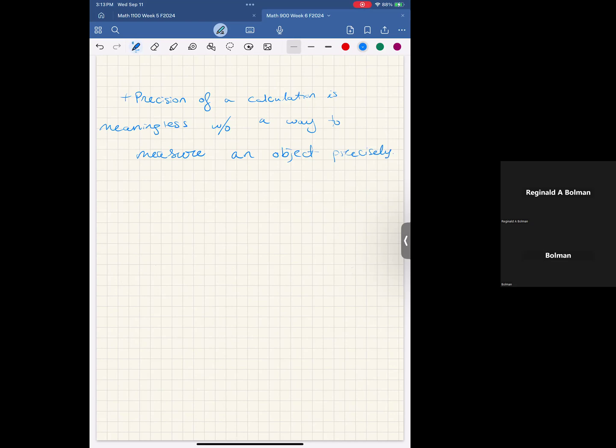So this is to say, you might have some sort of a calculation that has 20, 30, 50 steps, whether it be a thermodynamics problem or a problem where you're calculating the amount of force, the amount of torque an engine can put out. It really doesn't matter how precise that calculation might be.